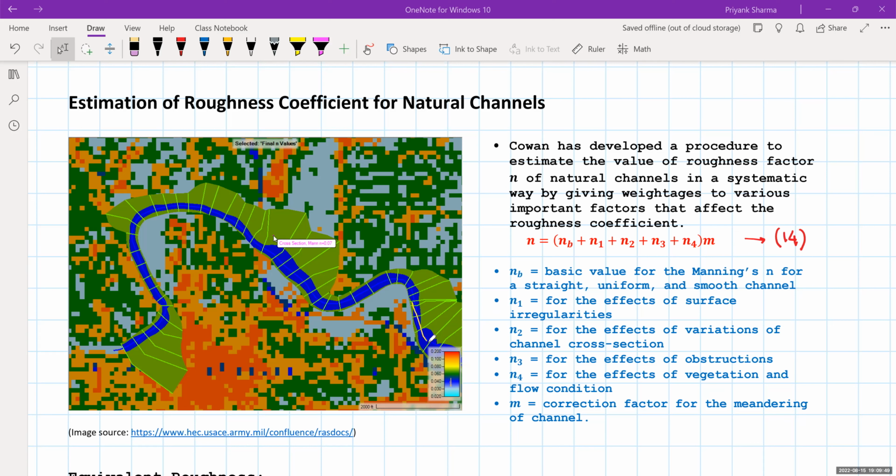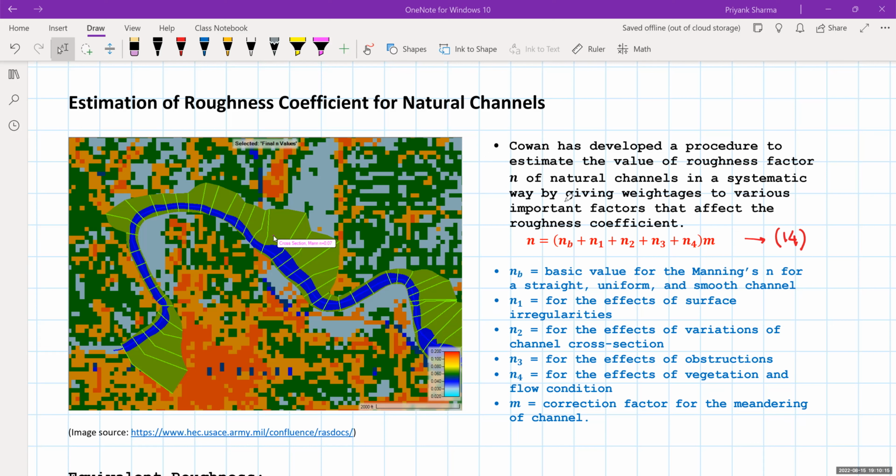This is a river, so the roughness coefficient is around 0.032 and 0.042, somewhere here. This is the source from the HEC-RAS software, where we input different cross sections and can model the flows. So this is the Manning's n value distribution given. From analyzing satellite images also, we can derive the Manning's n value.